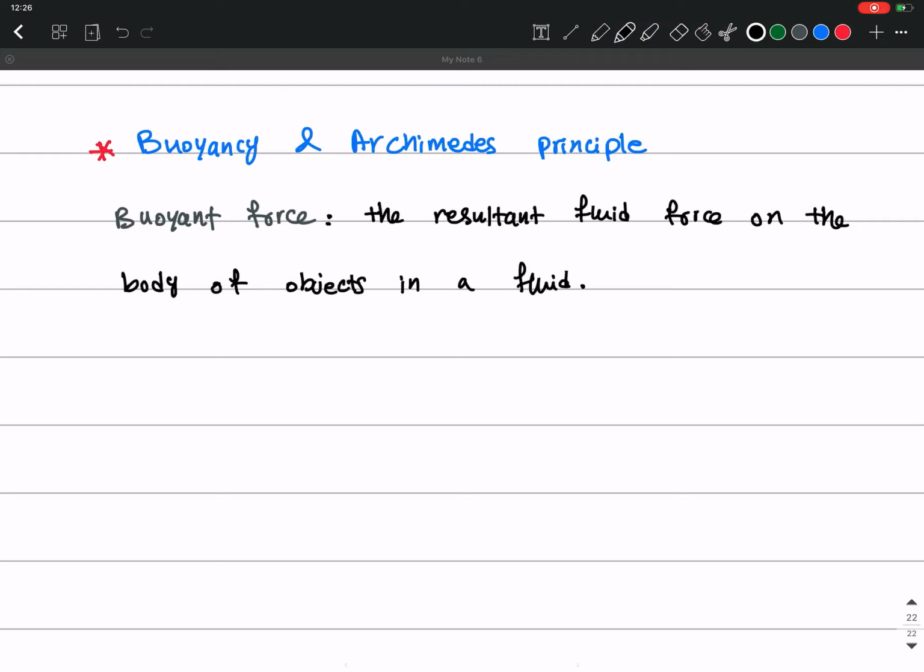Okay. So let's calculate it. If we have an object here, any object, let me maybe show it with this, it's easier.